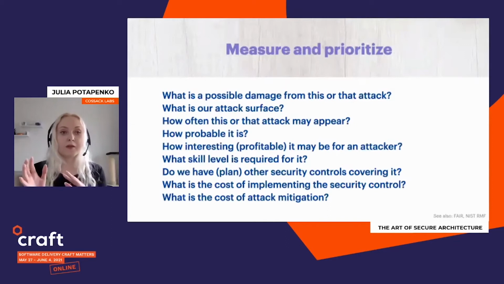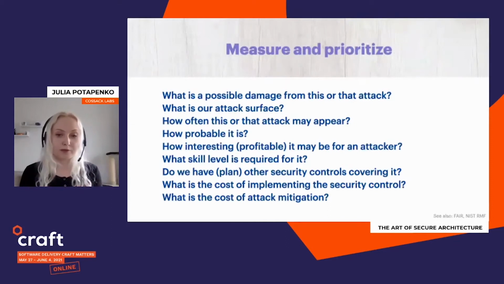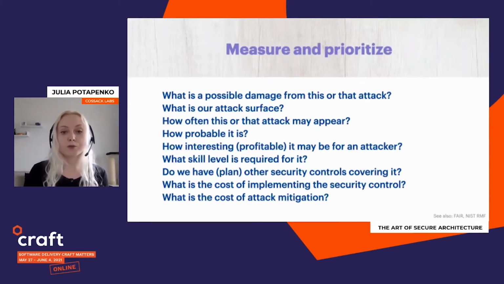And let's assume we know some risks. Now we can try to measure them, to make a comparison so we can prioritize our work. You can think of possible damage, attack surface like entry points to your system, attack frequency and probability, how profitable or just interesting the attack is.